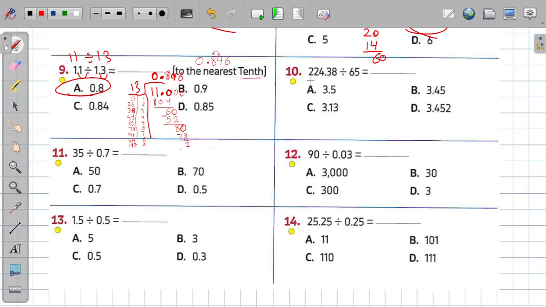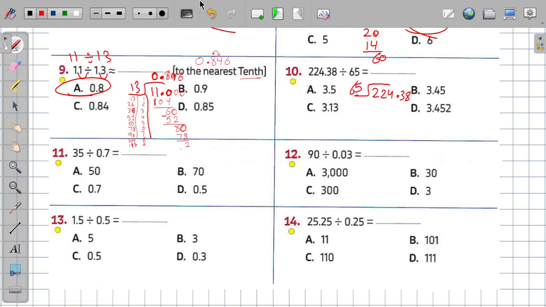Next I have 224.38 divided by 65. So we will divide the first number, 224.38, by 65.